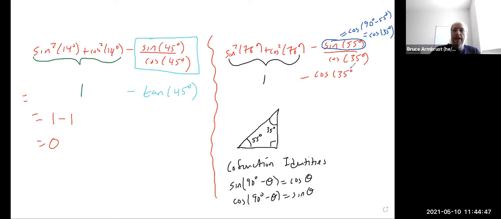So I'm going to go ahead and change it to the cosine of 35. Well, now I can reduce. Cosine divided by itself is just 1. And oh, hey, look, that one gave us 0 as well. So that time we had to use the cofunction identity to help us simplify.